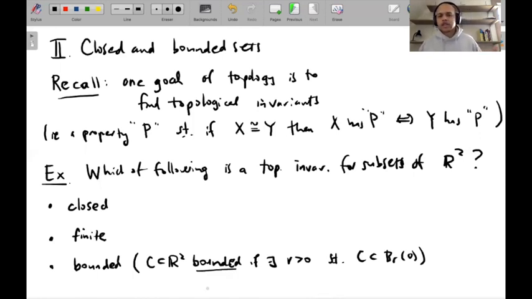Which of these is a topological invariant? By this, I mean, if X and Y are topologically equivalent subsets of R2 and one is closed, is it true that the other is closed? Same for finite and same for bounded. If X and Y are topologically equivalent and one is a bounded subset of R2, is the other also a bounded subset of R2?